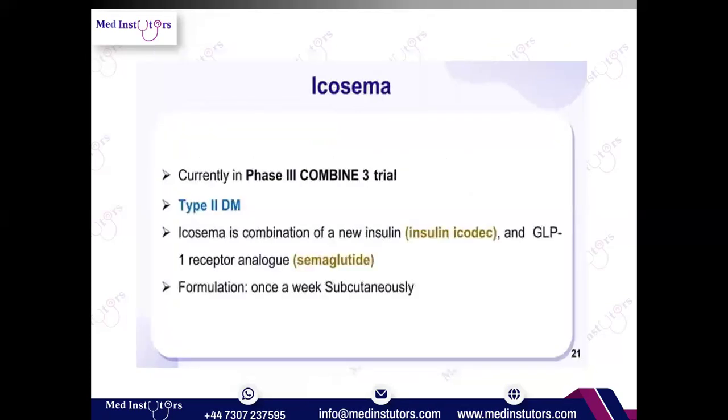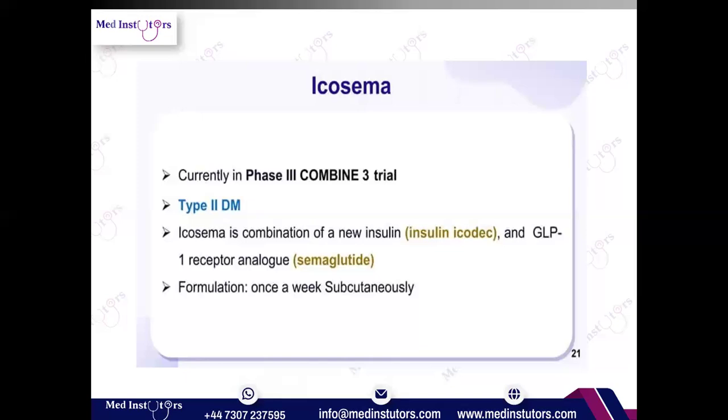Then there is Icosema. It's a combination of icodec and semaglutide. That is how the term Icosema came into being. It's a once a week subcutaneous injection that is currently in phase 3 trials. Semaglutide is a GLP-1 RA, a GLP-1 receptor agonist, which is an injectable anti-diabetic, and nowadays we have the oral form of semaglutide also available.